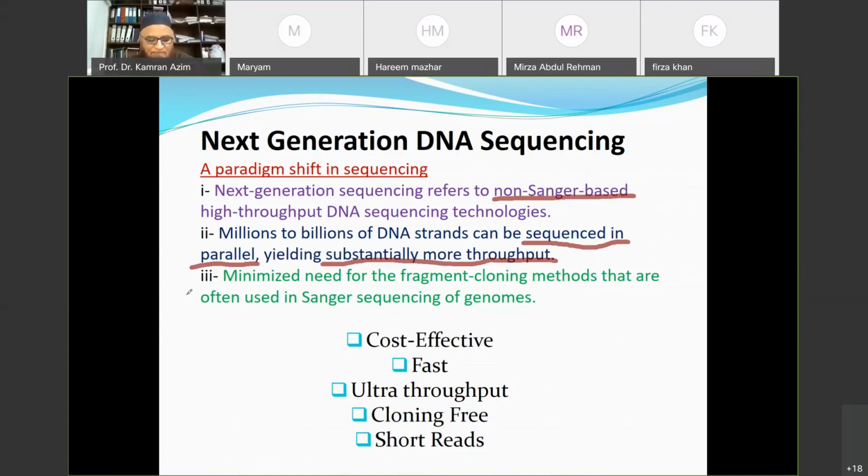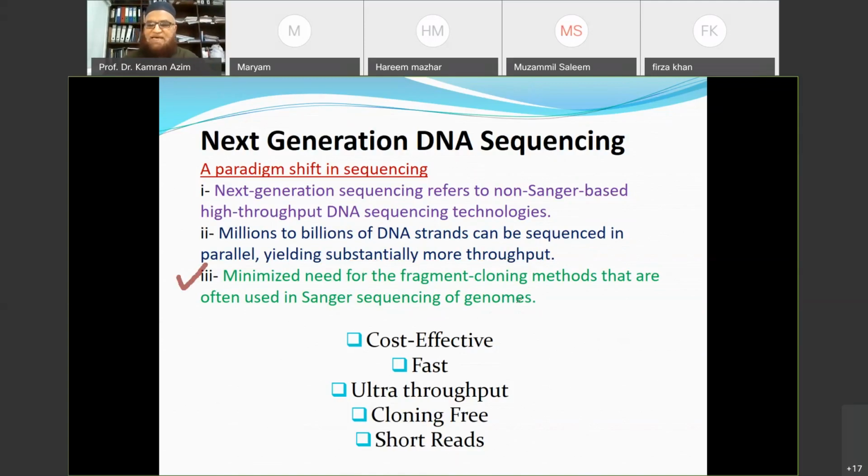There is another very important aspect of NGS: it minimizes the need for the fragment cloning methods that are often used in Sanger sequencing of genomes.